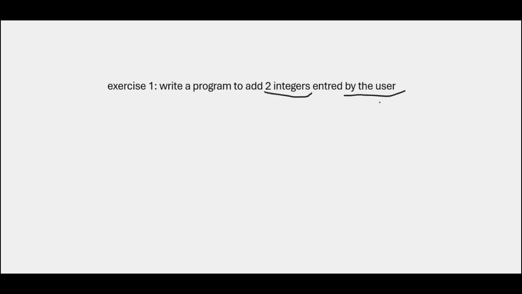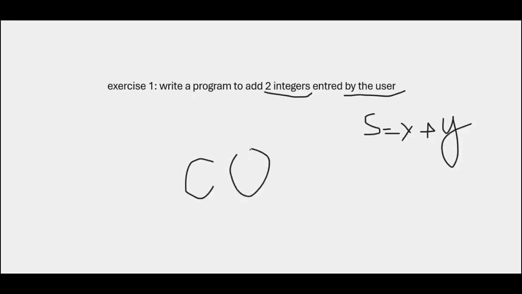Second, to add these integers, I need to define the sum formula, sum equal x plus y, the first integer plus the second integer. And finally I need to use the cout to print the sum on the screen. Now let's go and write the code.